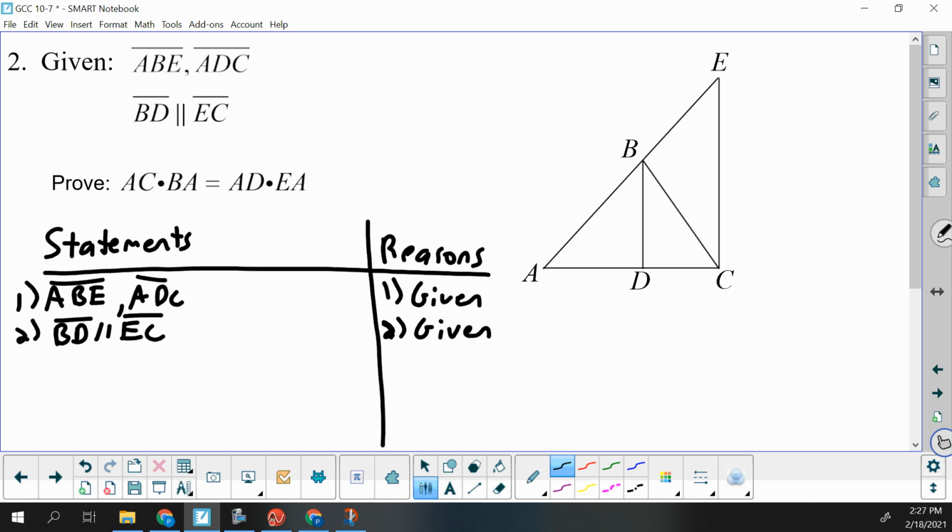So let's see if we can go through and find which triangles we want to get similar. Because I count 1, 2, 3, 4, 5 different triangles in that picture. So let's start with AC. AC is definitely a side in the huge triangle, ACE, but it's also a side in triangle ACB. So that doesn't narrow it down for us. So let's move to the next one.